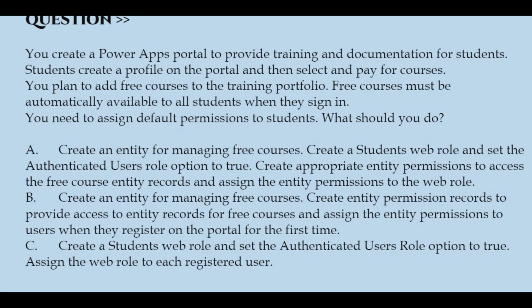Create entity permission records to provide access to entity records for free courses and assign the entity permission to users when they register on the portal for the first time. Option C, create a student web role and set the authenticated user's role option to true. Assign the web role to each registered user.